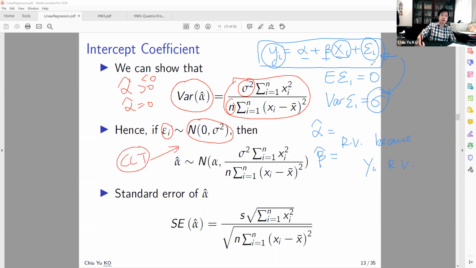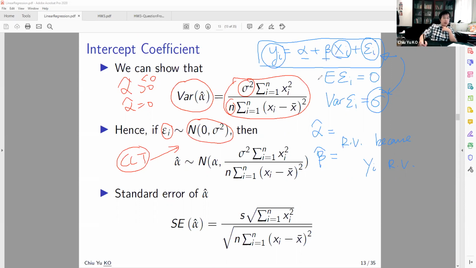You can imagine this error term is the average outcome of many things affecting it. So the central limit theorem can apply to say the distribution is normal, because usually the error term is affected by so many things we didn't model, and the average result of those things is captured by this epsilon. So that's why it's okay to assume normal. But once you assume normal, alpha and beta will follow a normal distribution.